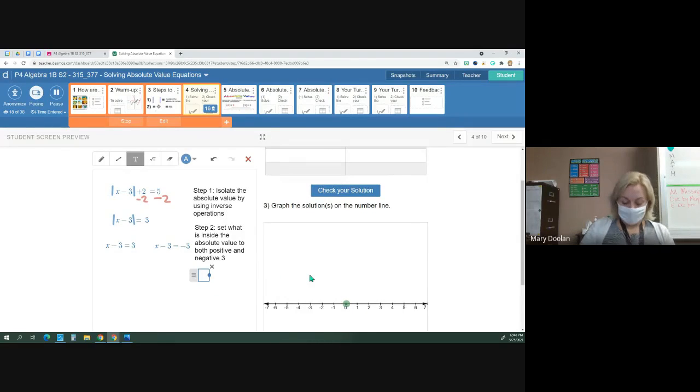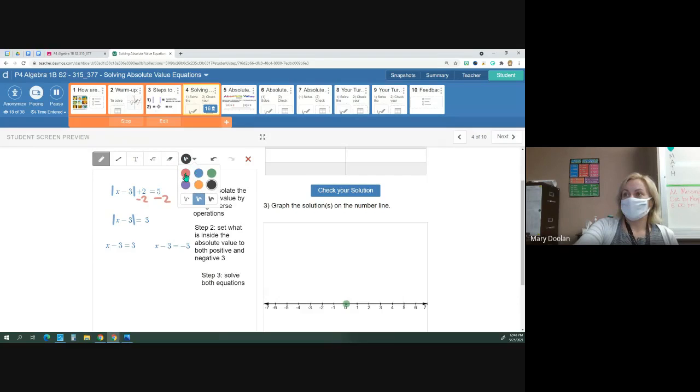Step 3: Solve both equations. Okay, so we're going to again use inverse operations to do this. Here's a minus 3 and a positive 3.